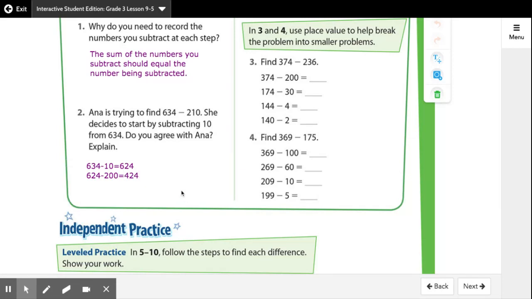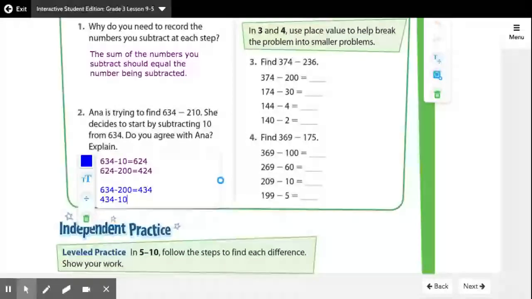Okay, so those of you that may have said, no, you need to do the hundreds first, let's see if we get to the same answer if we subtract the hundreds first. 634 minus 200 gives us 434. And then we're going to minus 10, and that's going to give us 424.